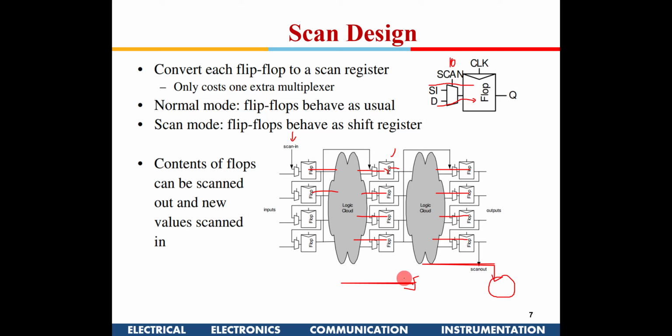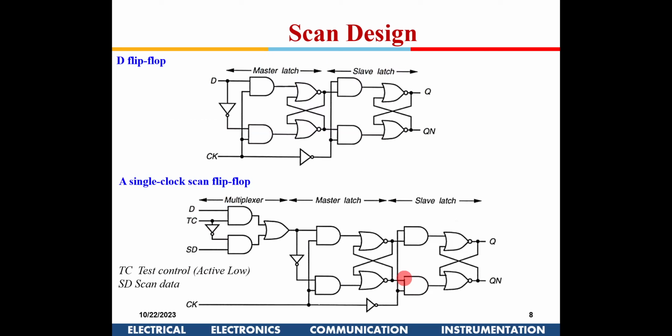Now we'll see how this flip-flop looks. This is a master-slave flip-flop, where initially a mux has been incorporated. Here TC is the test control, and it is an active low signal. Active low means when it is 0, it is in the test mode.